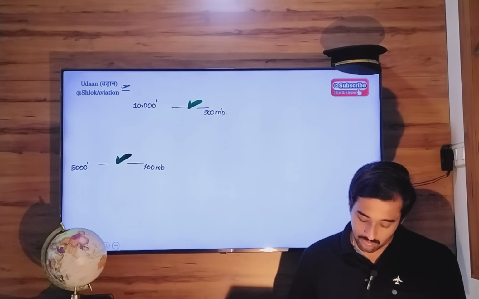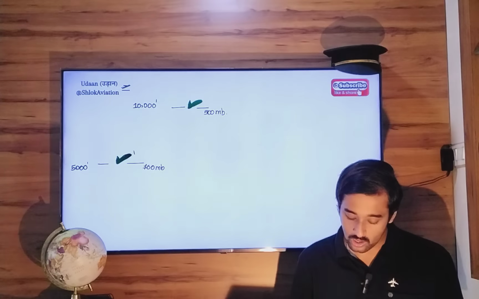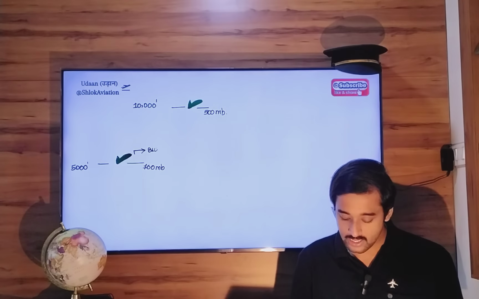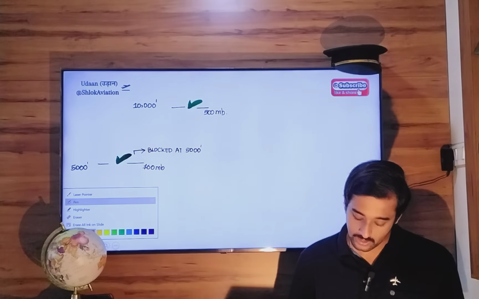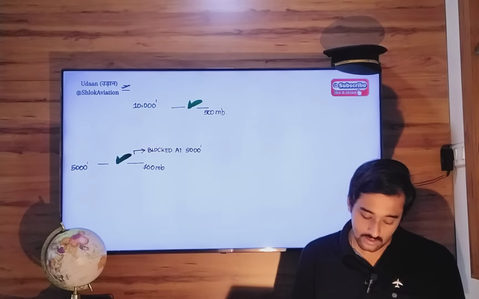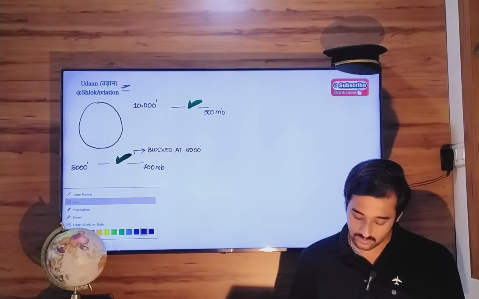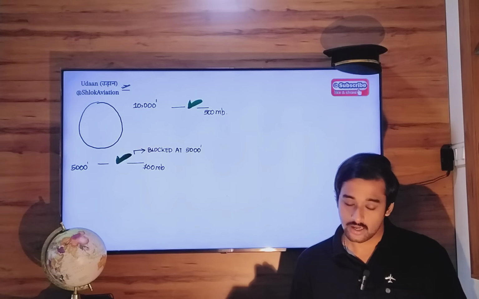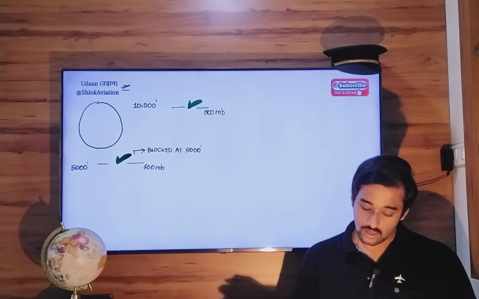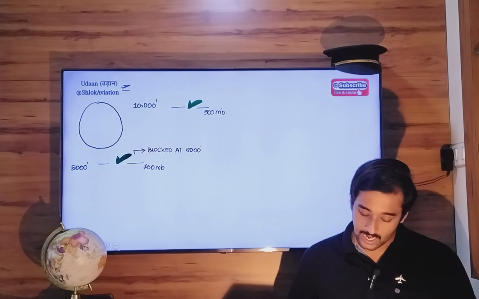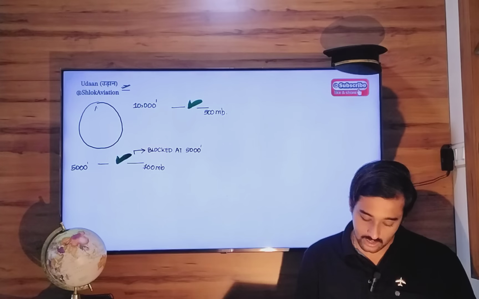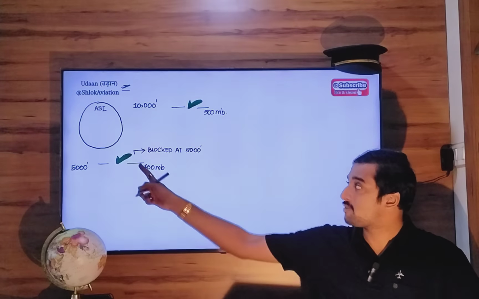Now your static port gets blocked at 5,000 feet. Correct? So your dynamic pressure, this is your ASI instrument, it shows dynamic pressure.